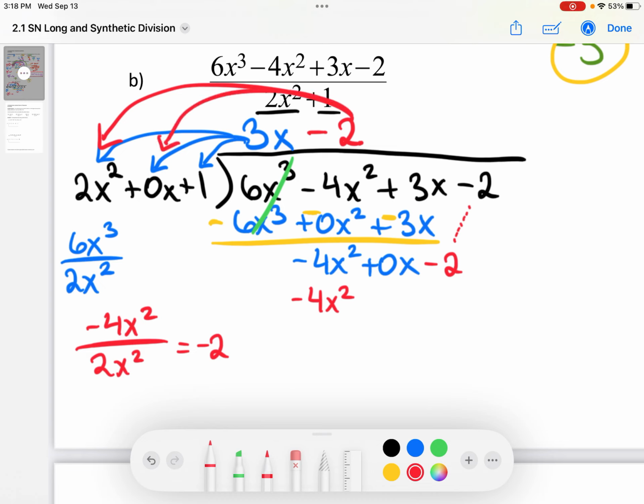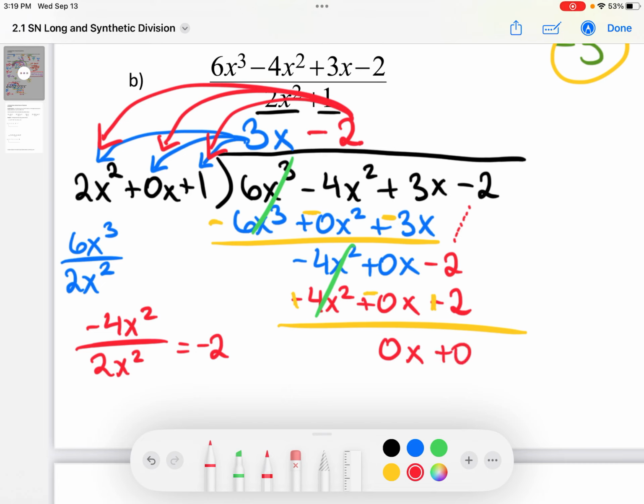Negative 2 times 0x is plus 0x. Negative 2 times 1 is negative 2. And now we subtract, change all of the signs, then add. So negative 4x squared plus 4x squared really does zero out. 0x minus 0x is still 0x, or just 0. Negative 2 plus 2 is 0.